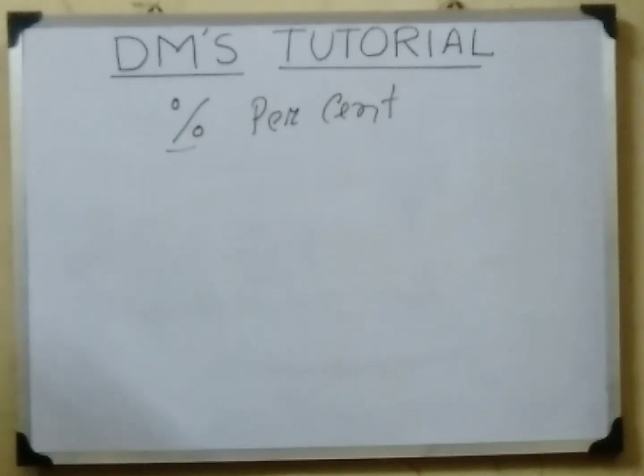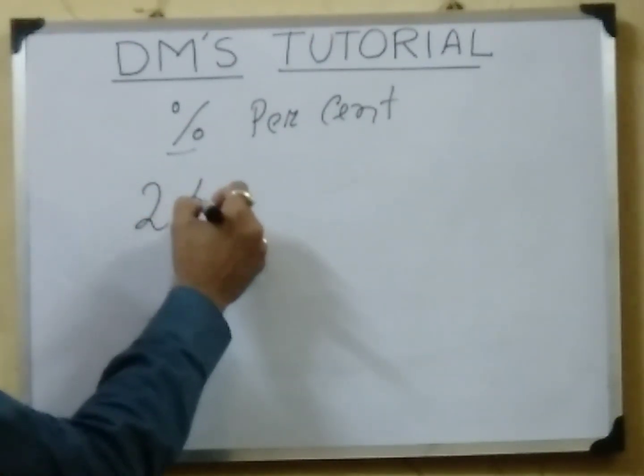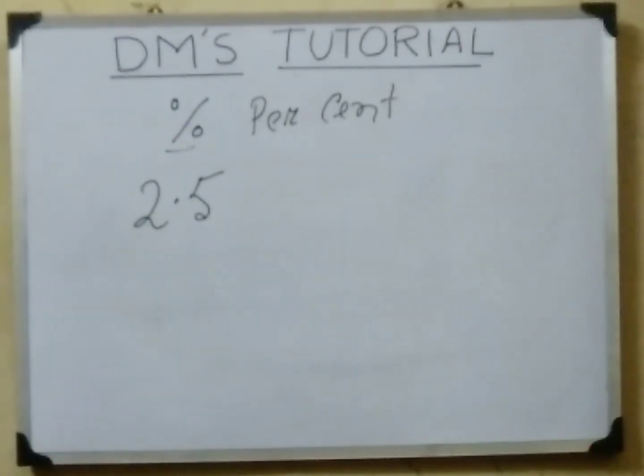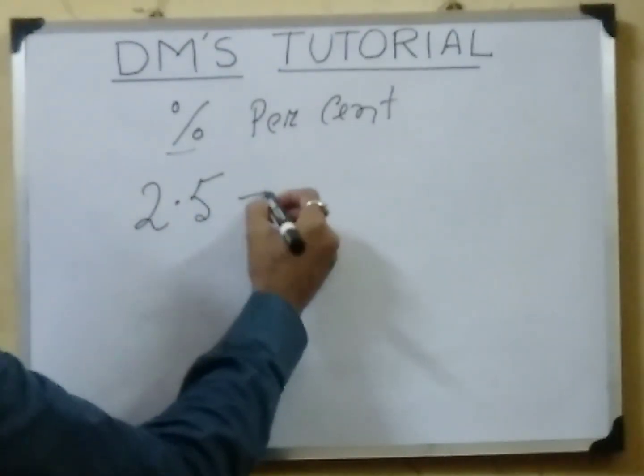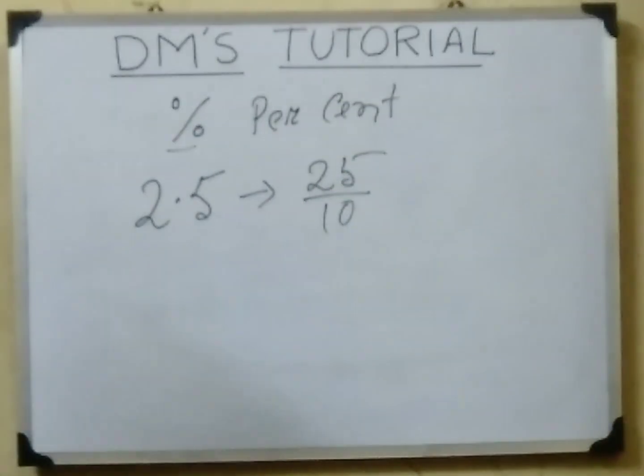Suppose you are given a decimal number and it is to be converted into percentage. I am taking a number, for example 2.5. Now convert this into the percentage. First of all, I will convert it into a fraction. It should be written as 25 by 10.